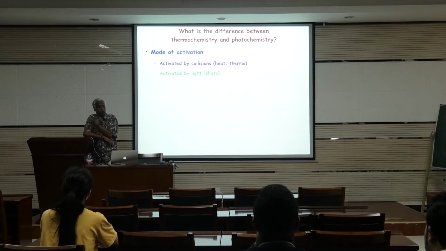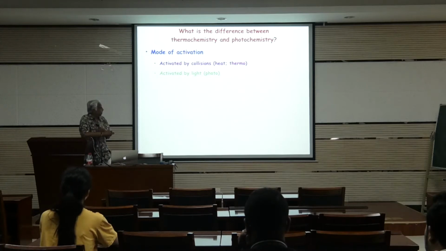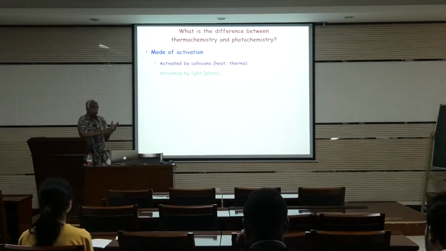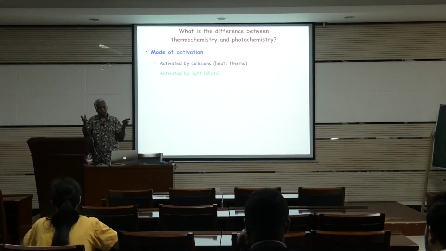Okay, you already know a lot of chemistry. The chemistry that we have learned at this level all deals with molecules activated by heat. In the lab, you heat something, the molecules get activated, and they undergo chemical reactions.